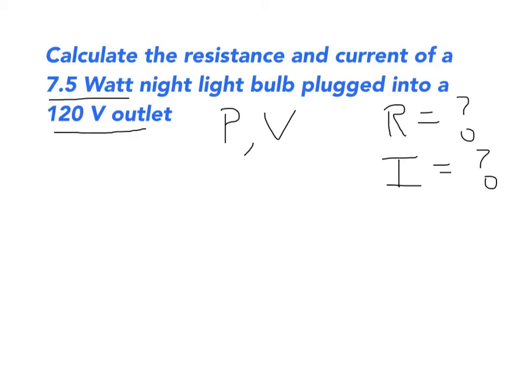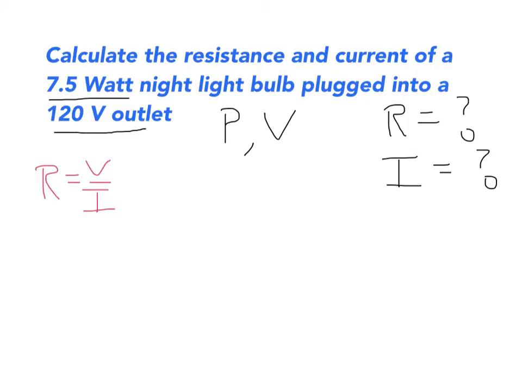So we look at our reference tables, and when we ask the question, how do I find resistance? I see that resistance is equal to voltage over current. I do have the voltage, it's 120 volts, but I don't have the current. In fact, that's one of the things I'm being asked for.